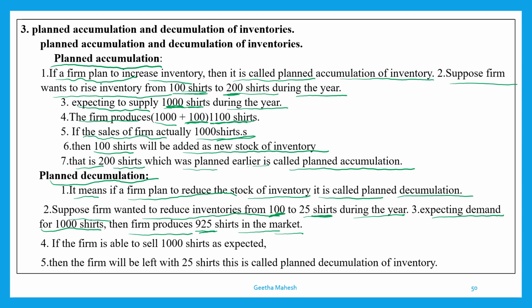That means 75 it will withdraw from the inventories. If the firm is able to sell 1000 shirts as expected earlier, then the firm will be left with only 25 shirts. This is called planned decumulation of inventory.